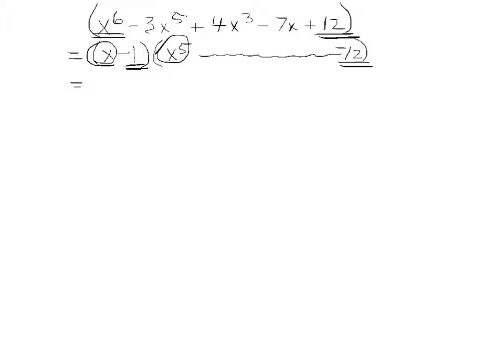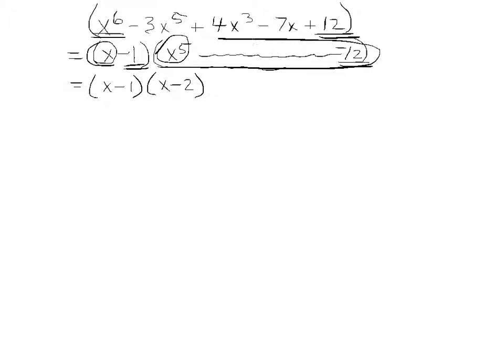So now if I tried to factor the x to the 5th polynomial, I would bring down the factor I already found, and let's say I found that x minus 2 was a factor of this x to the 5th polynomial.